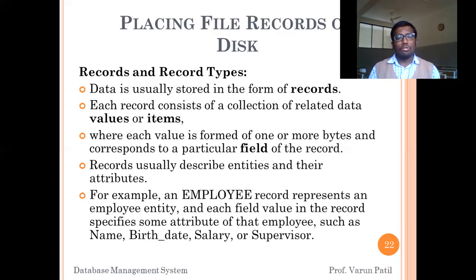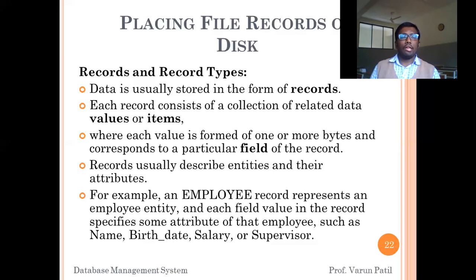This is one record of the employee named Manjunath. It describes the entity, which here is an employee, and the attributes are the employee's name, birth date, salary, and supervisor. All these are the attributes of each record.